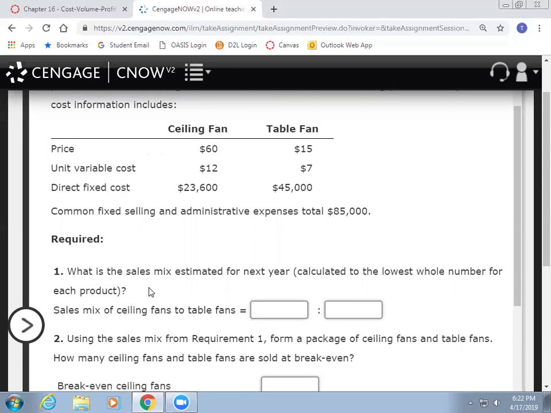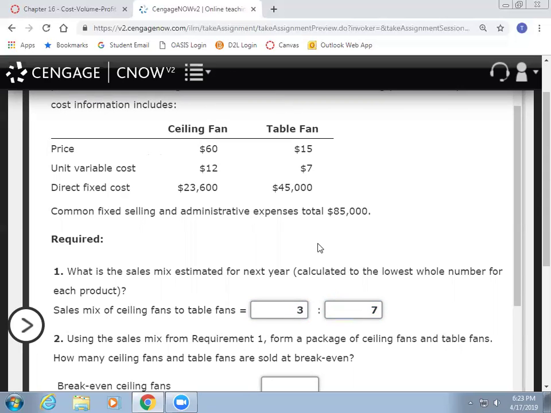So you're just reducing that down to the smallest whole number. That's pretty easy because they're both in the 10,000s. So we're just reducing that down to a 3-to-7 ratio. For every 3 ceiling fans we sell, we'll sell 7 table fans. So that's what they mean when they talk about sales mix. So we have a 3-to-7 sales mix.